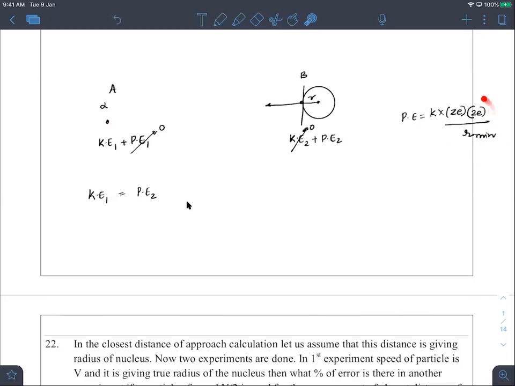So this in magnitude should be equal to the kinetic energy. Kinetic energy will be half into mass of alpha particle, speed of alpha particle squared, that should be equal to 2 times K Z E square by R minimum. So it implies R minimum would be equal to 4 times K Z E square divided by M into V square.